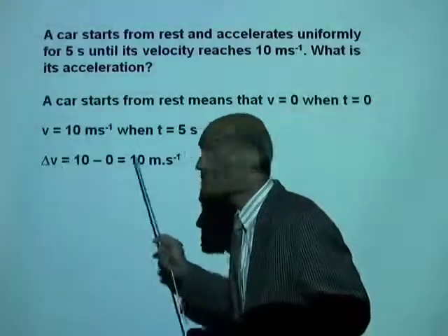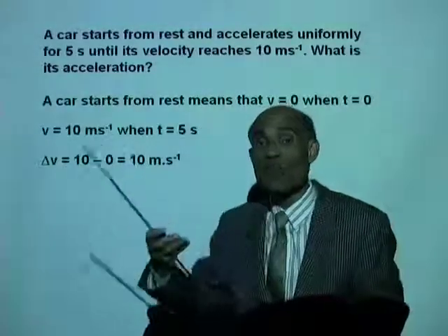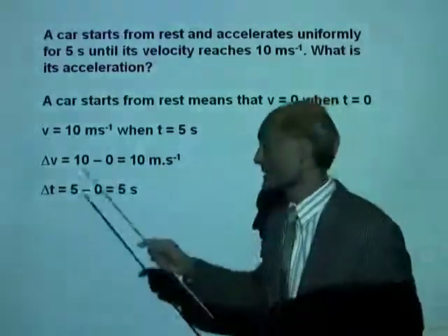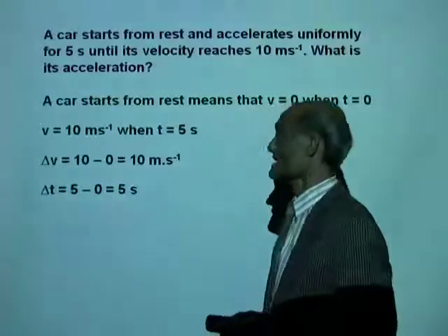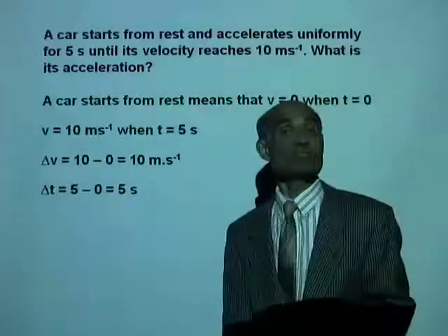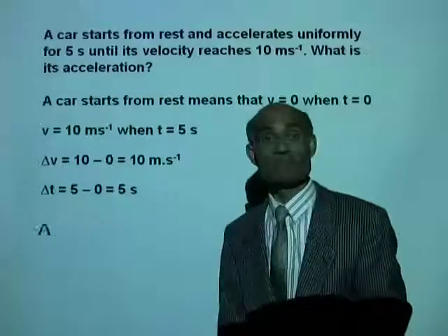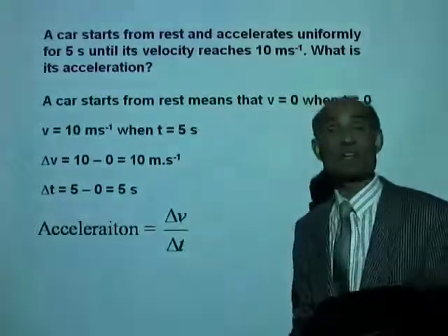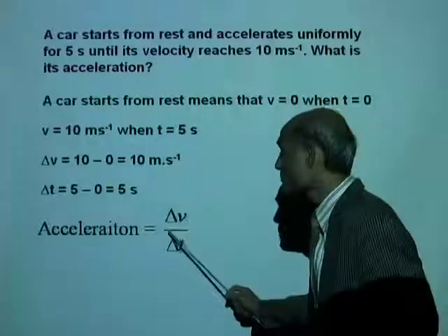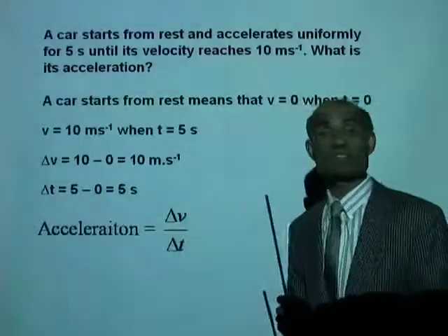Now, this change in velocity occurred in what time interval? Delta t equal to 5 minus 0, that is 5 seconds. What is the definition of acceleration? Acceleration is delta v divided by delta t, the change in velocity divided by the change in time.